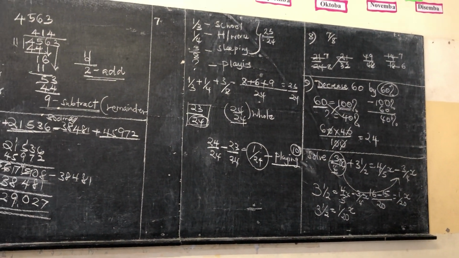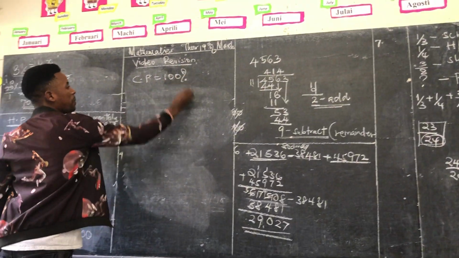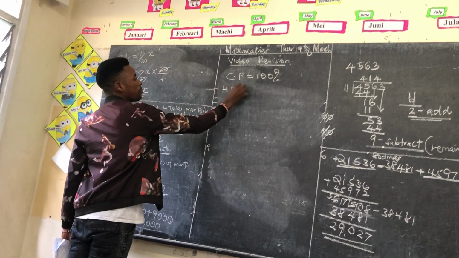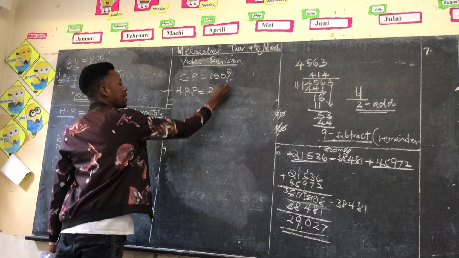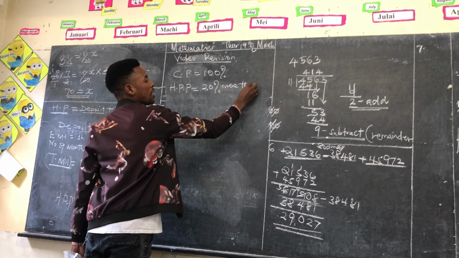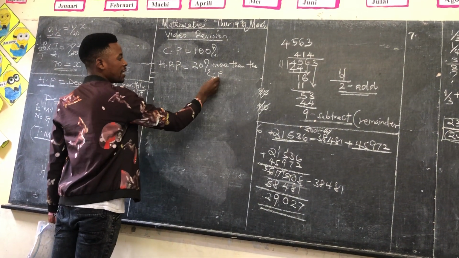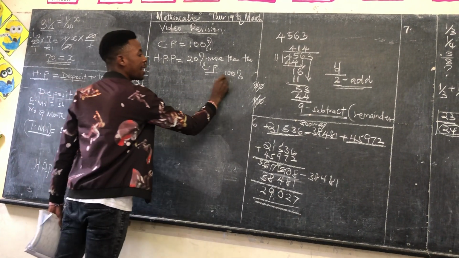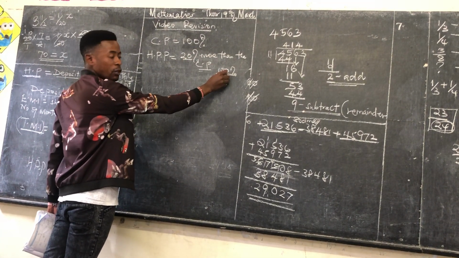So what is 20% more than 100%, which is the cash price?